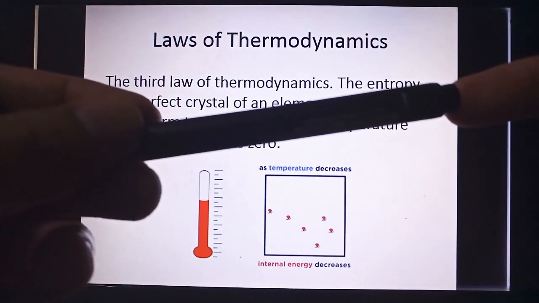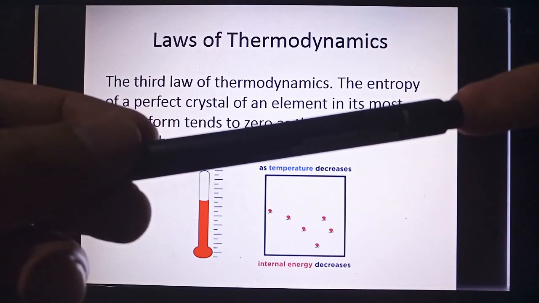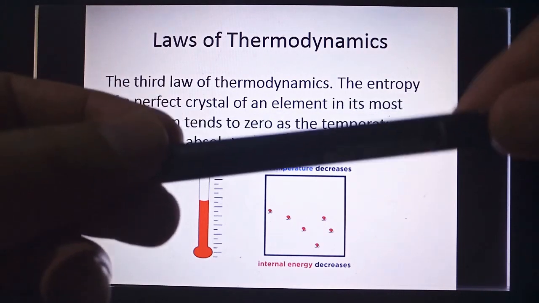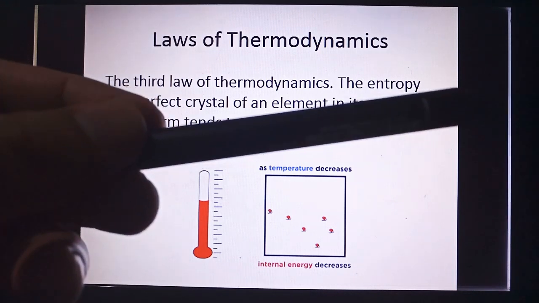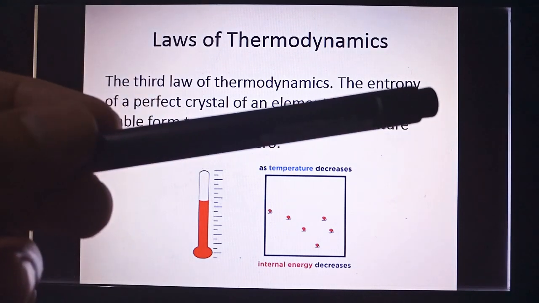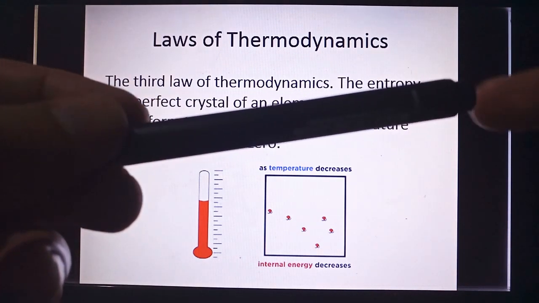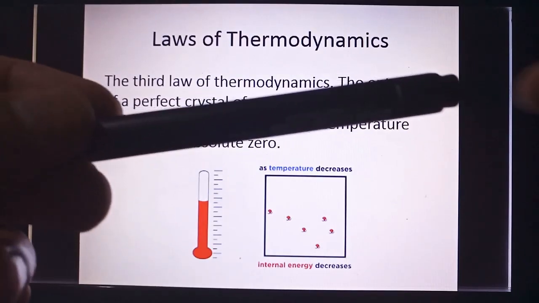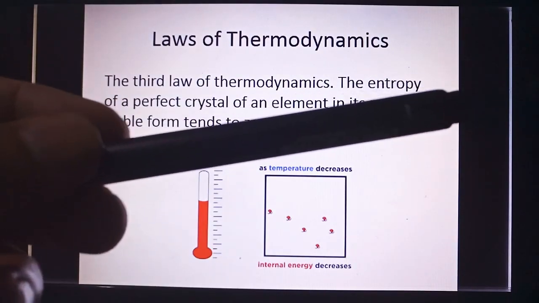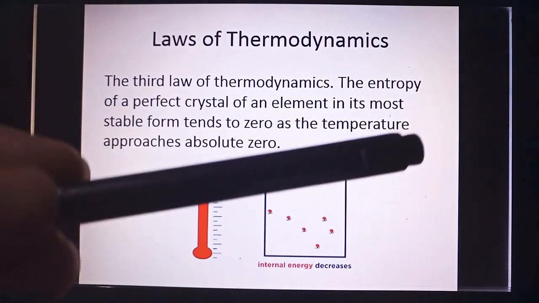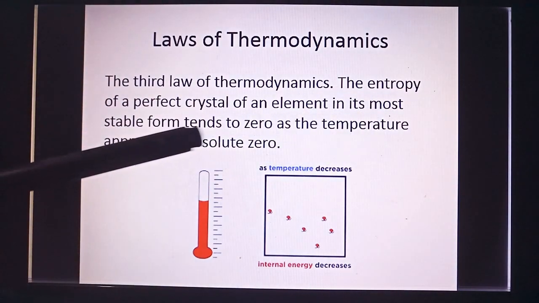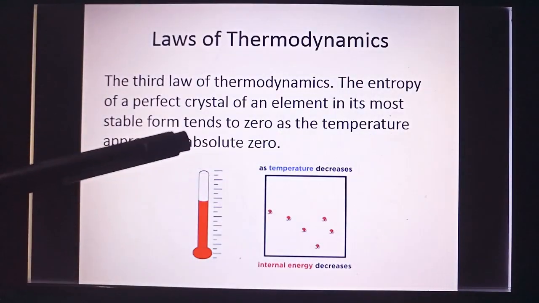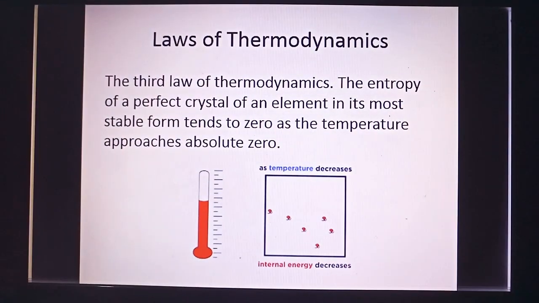So there is this internal energy change on this part, and the temperature of course is increasing, and then when I remove the applied heat from this portion, it will go back to its original size. Thus, the entropy of a perfect crystal of an element in its most stable form tends to zero as the temperature approaches absolute zero.